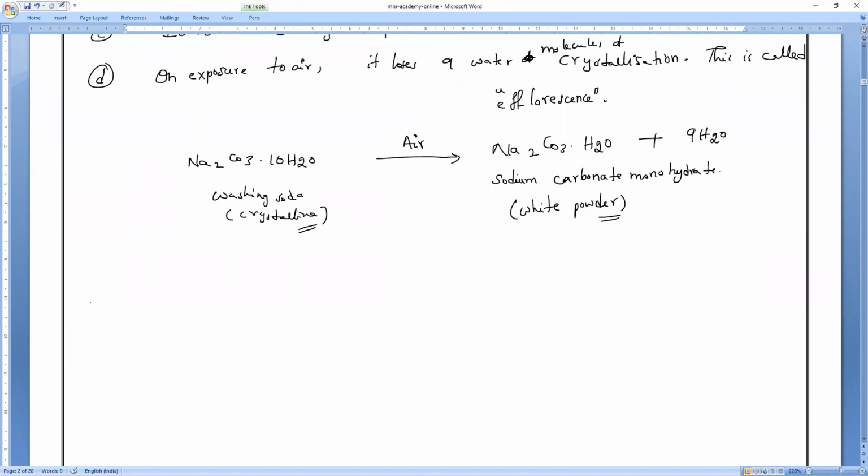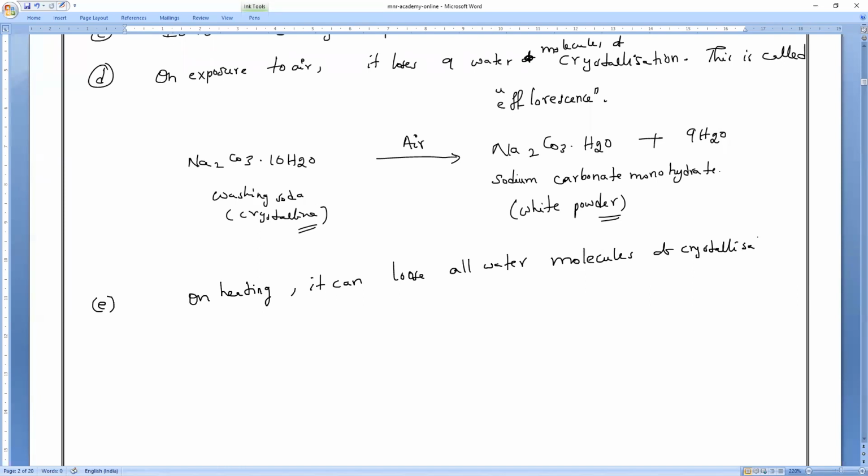And if you are heating it, suppose you want to get the soda ash, what do you have to do, guys? On heating, it can lose all its water of crystallization. So the water of crystallization is completely removed. All of you remember that.